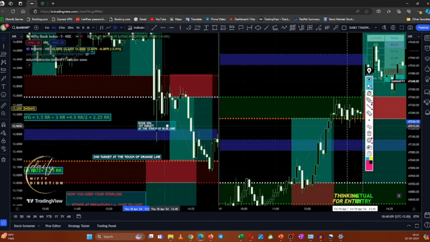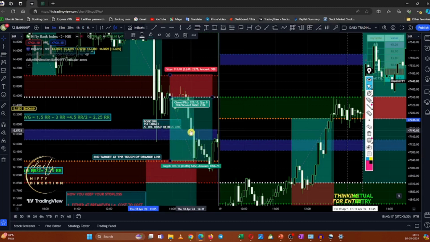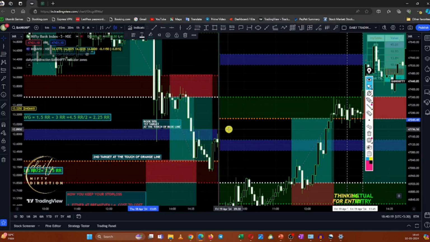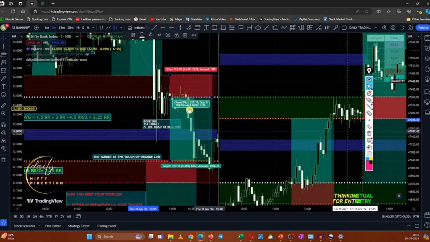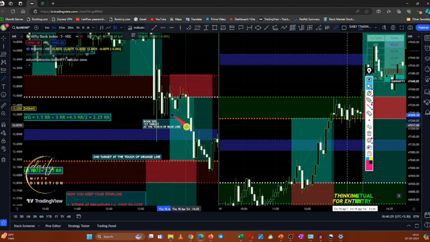Then you will book your 50% of quantity at the touch of this blue line, and rest of the quantity you will book at the touch of this orange line.